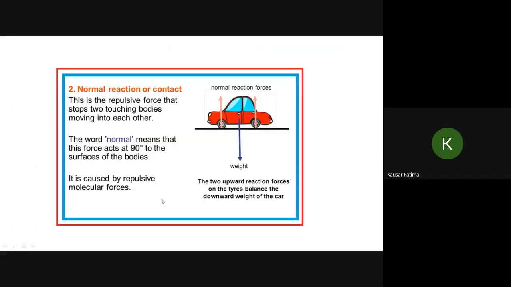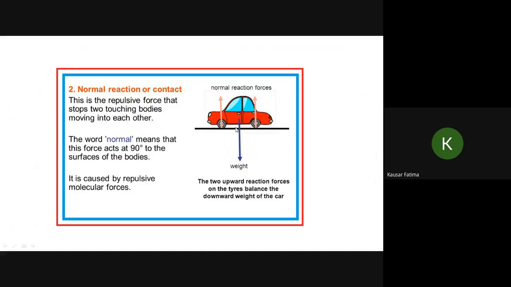Okay, this is another type of force, normal reaction or contact force. This force acts when a body is in contact with another body. It is actually the repulsive force that stops two touching bodies from going into each other. Normal means that the force acts at 90 degrees to the surface of the bodies. Here the diagram is showing normal forces at the point of contact.